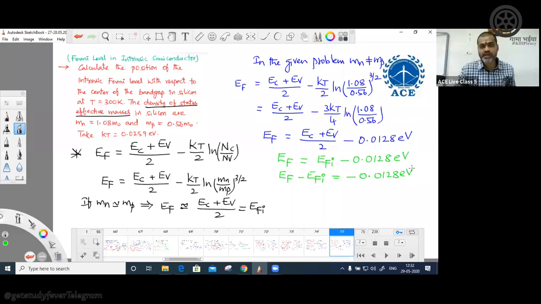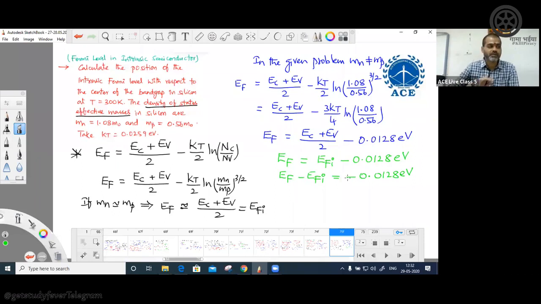So how can you interpret this? In the options you may get: the actual Fermi energy level is above the middle of the energy gap, or below the middle of the energy gap by this value. That you must identify now. What is EFI here? It is the middle of the energy gap. If this is the middle of the energy gap, I am getting a negative value. What is the meaning of it?